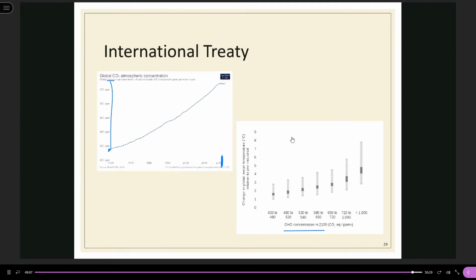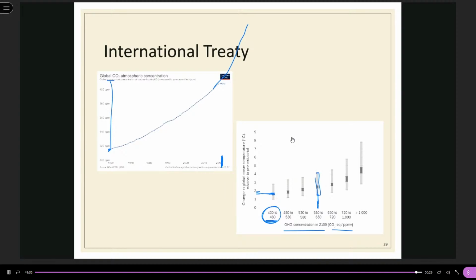So it is now around this concentration, 400-something ppm, and it will increase the air temperature, the mean value, by around 1.5 to 2 degrees. If the concentration continues to increase to maybe 1,000, then this is the range of the increase of air temperature.